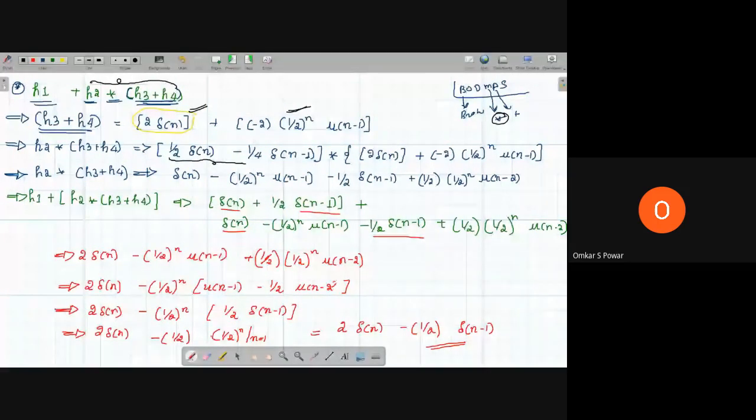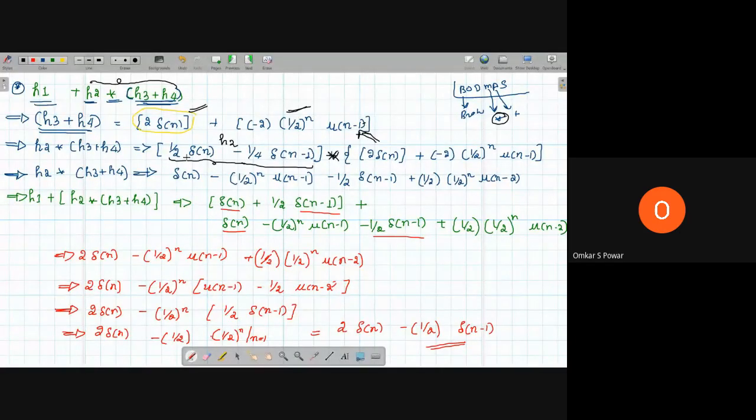So this is your h2, convolved with the previous term h3 plus h4, 2 into del of n minus 2 into half power n into u of n minus 1. Okay. Now first thing you have to simplify step by step itself, so that finally it will be easy to solve.